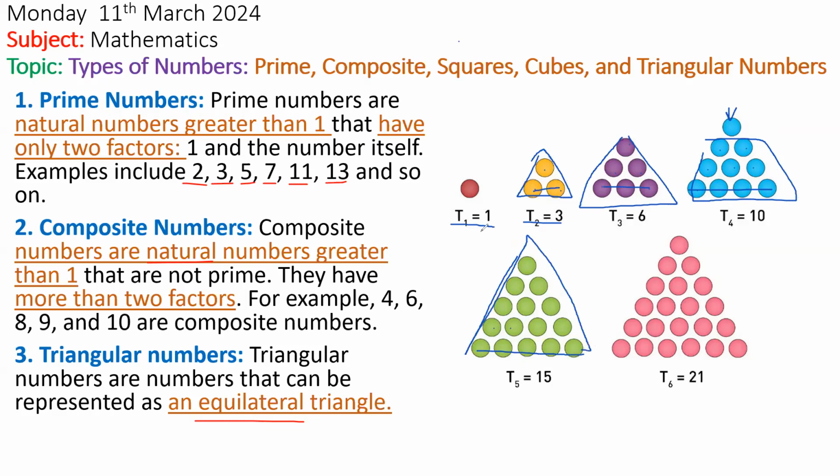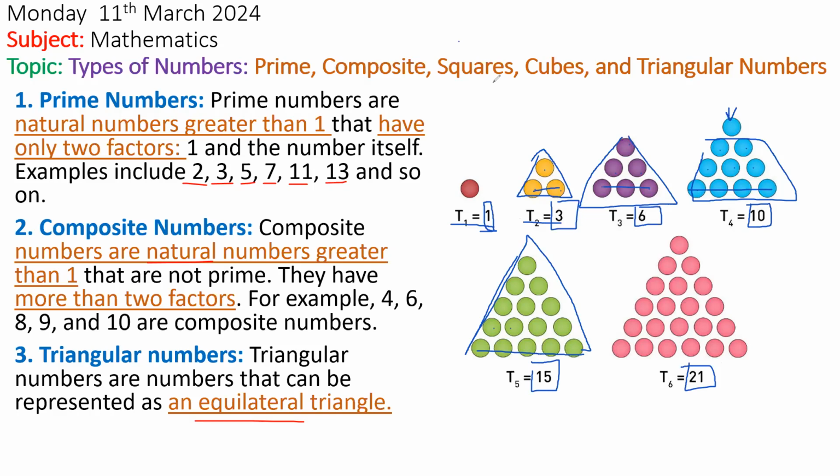The numbers are as follows: 1, then 3, then 6, then 10, then 15, and then 21. So triangular numbers are numbers that can be represented as an equilateral triangle. That's what we mean by triangular numbers.